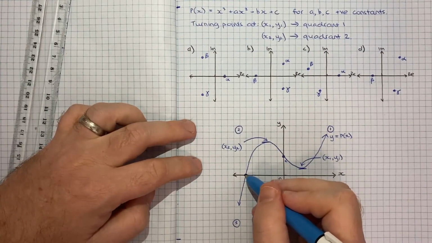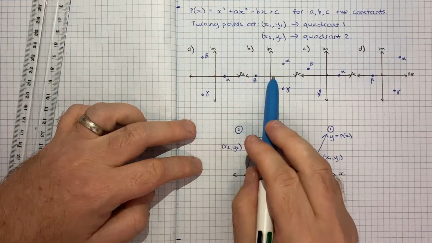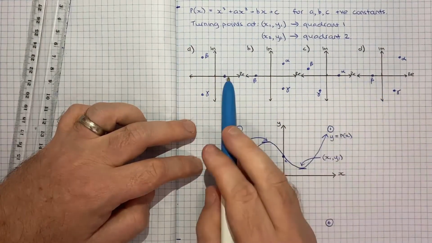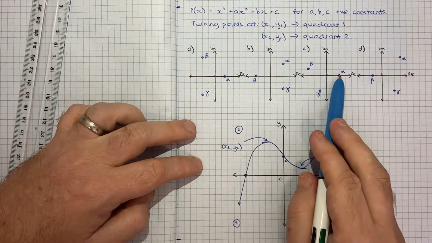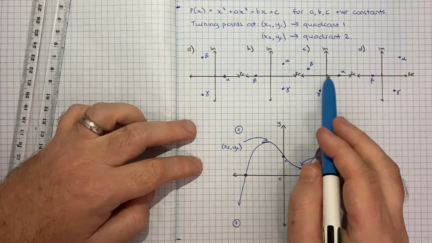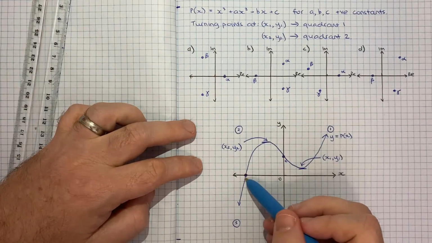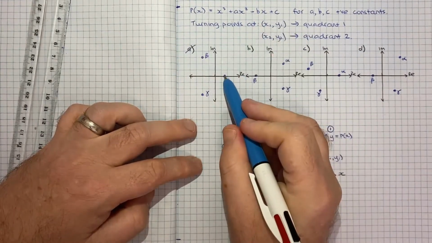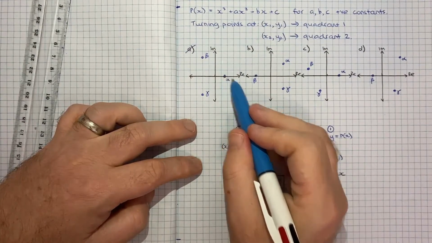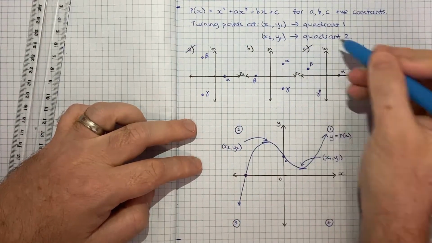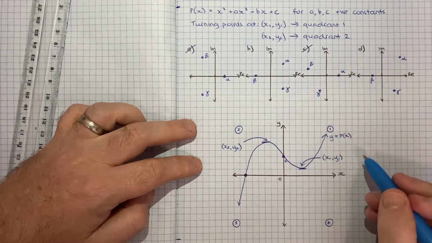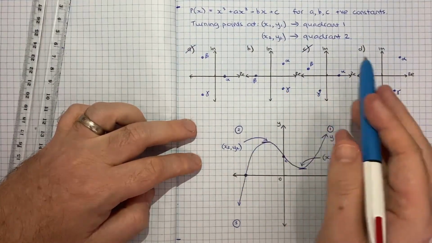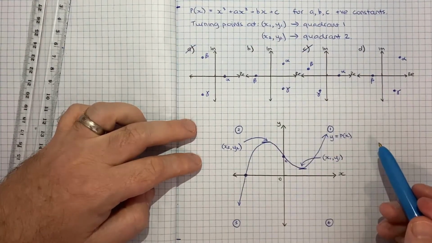So right away we can take a look at the various options given to us and strike out those that have the real solution in the positive x space, because we know the real solution will be negative. So I can cross out A, since the real solution here was positive, and I can cross out C, since that real solution was positive. So that's good. We've now reduced this question to a flip of a coin.